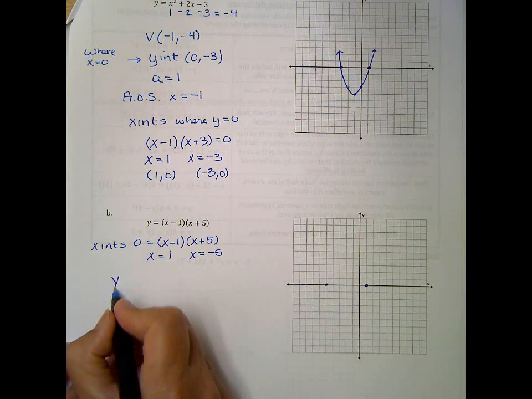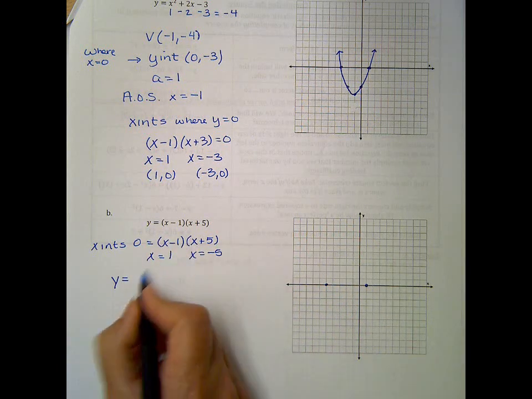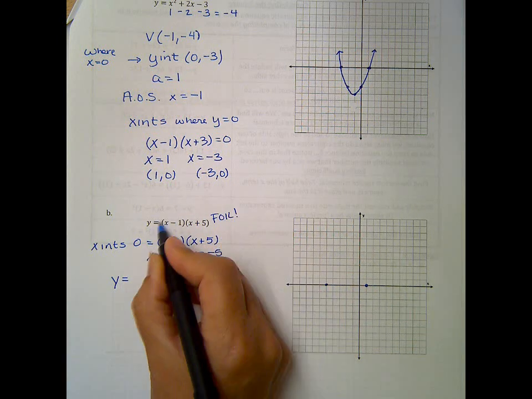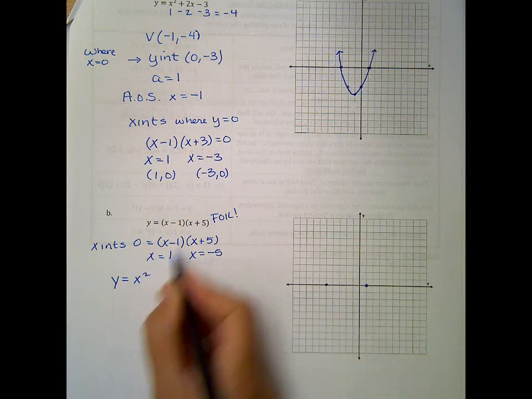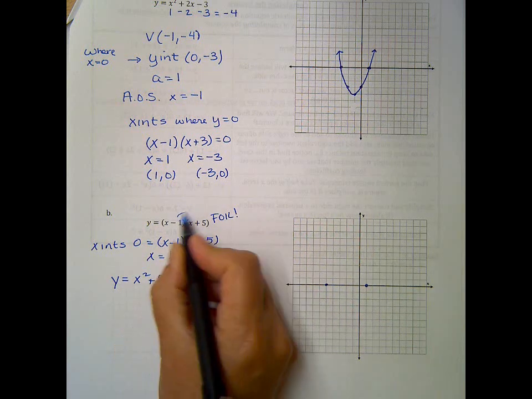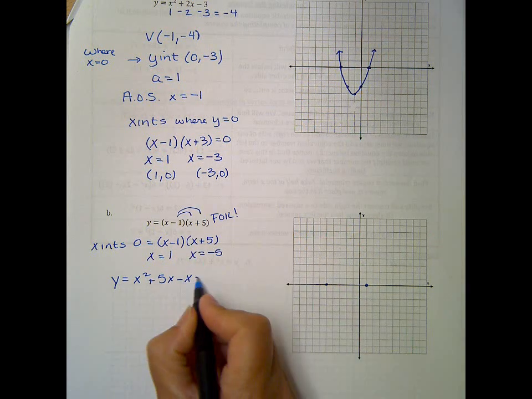So we need it in standard form to do our vertex, opposite b over 2a. So if we FOIL this out, first is x squared, outer is 5x, inner is -x, last is -5.